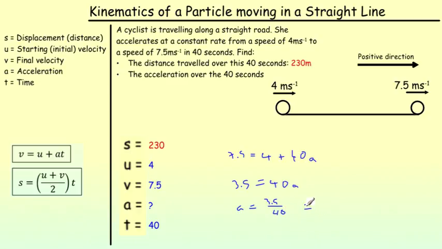And when we put that in the calculator, 3.5 divided by 40 gives us 0.0875. And that's acceleration. The units for acceleration is meters per second squared. So that's the answer to the second part. The acceleration is 0.0875 meters per second squared.